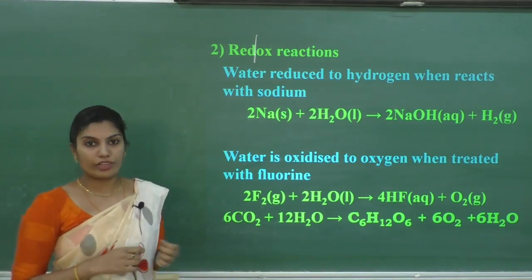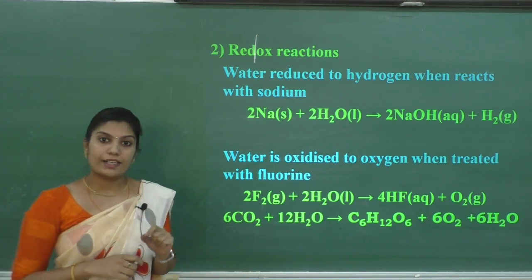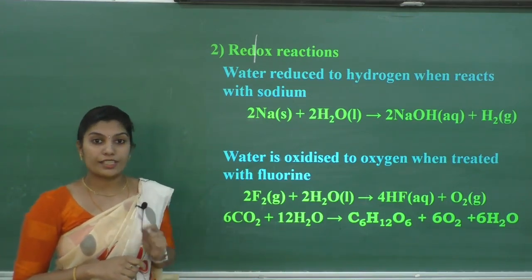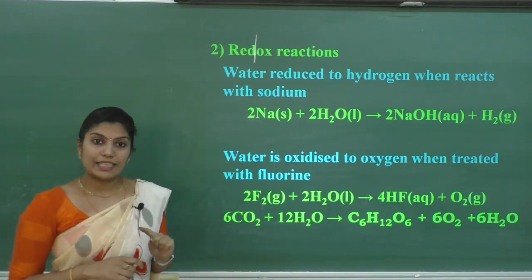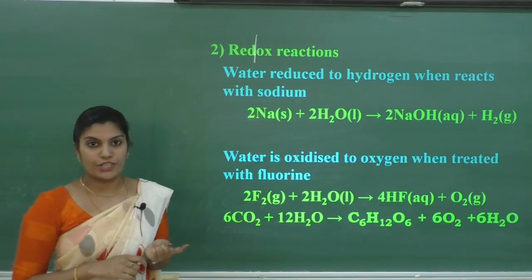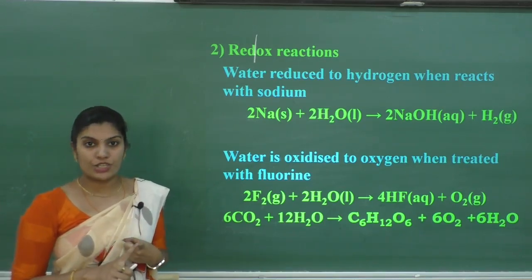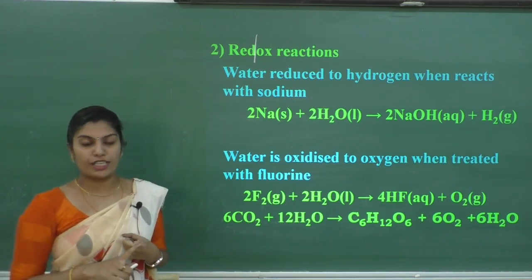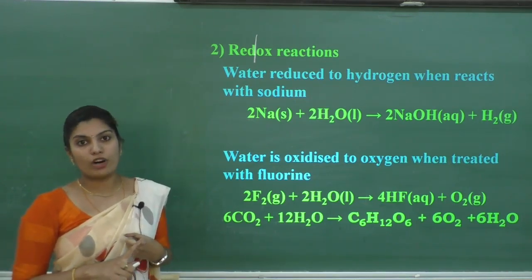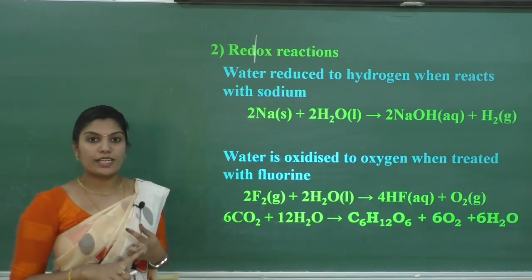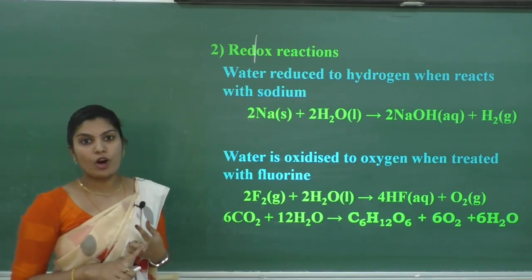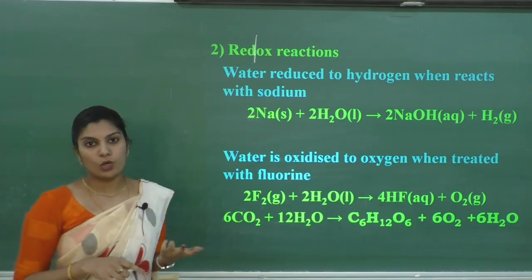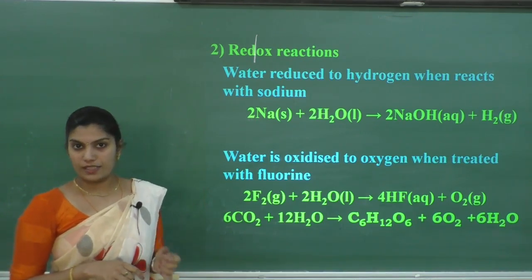A reaction involving both oxidation and reduction is called a redox reaction. Already you know the definitions of reduction and oxidation. What do you mean by reduction? Reduction is nothing but addition of hydrogen or removal of oxygen. Oxidation means addition of oxygen or removal of hydrogen, isn't it?